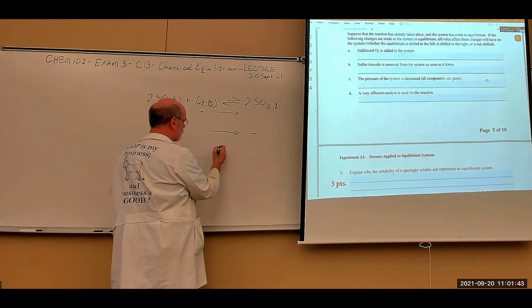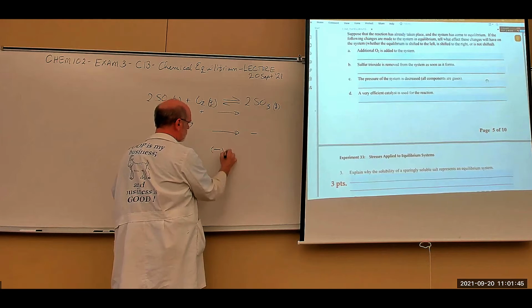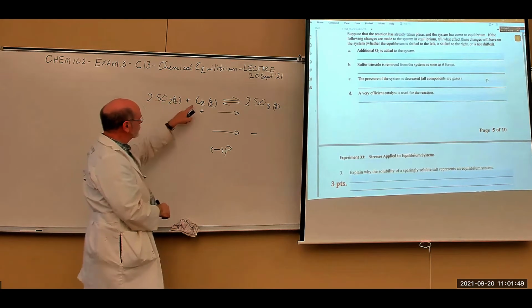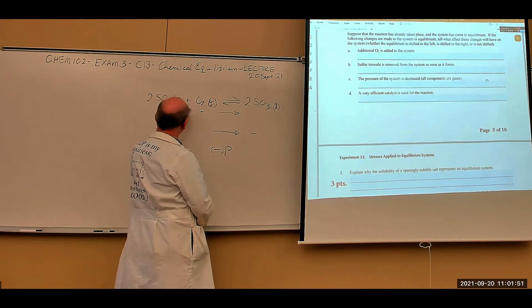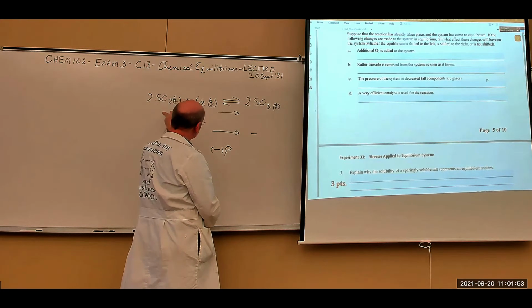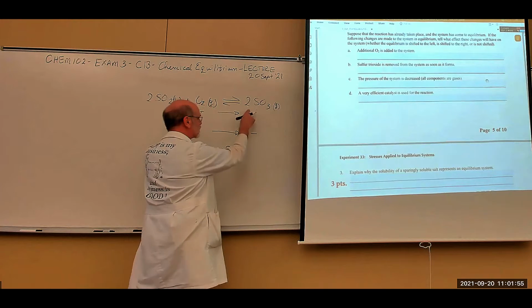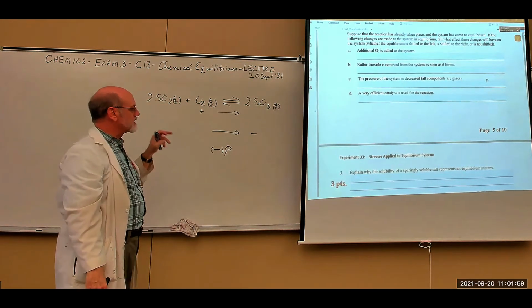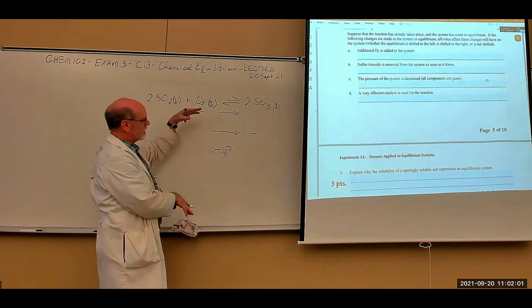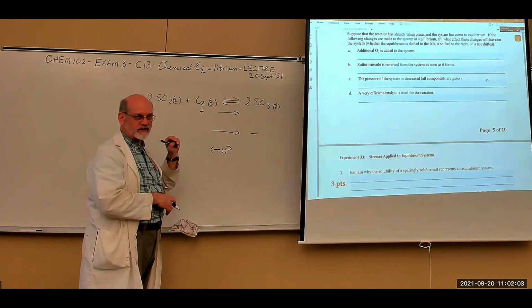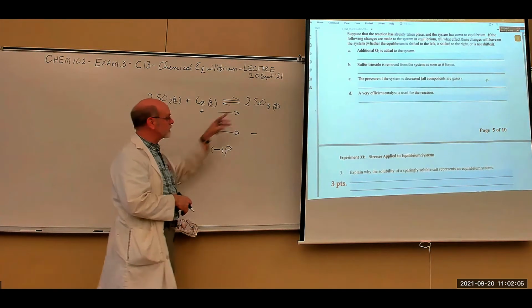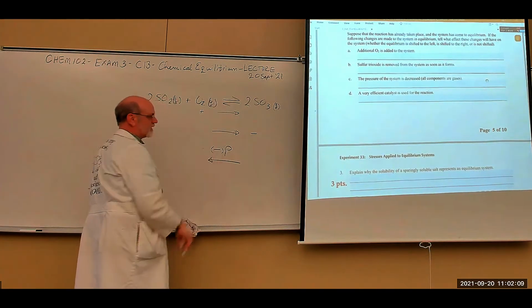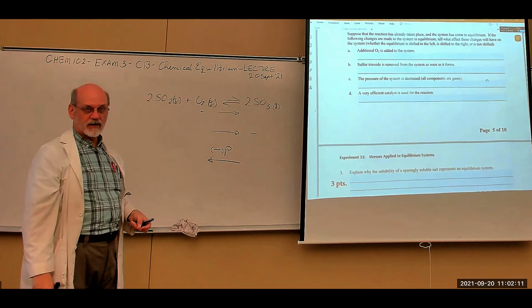If the pressure is decreased, what happens? Well, you've got 1, 2, 3 moles of gas over here, and 2 over here. If we decrease the pressure, it's going to make more moles of gas. Because it goes from here 2, and this is 3. Now it's going to shift that direction. Correct?